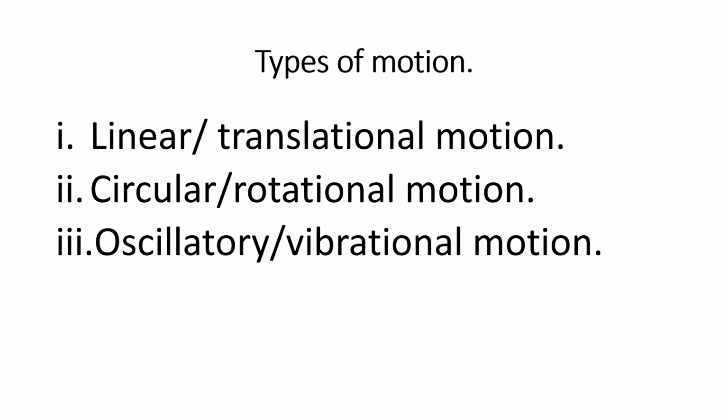We'll be looking at these types of motion later on, but you will note that all motion is relative. The state of a body at rest or in motion is only true with respect to the observer's position. So determining whether a body is at rest or in motion will depend on the observer's position.